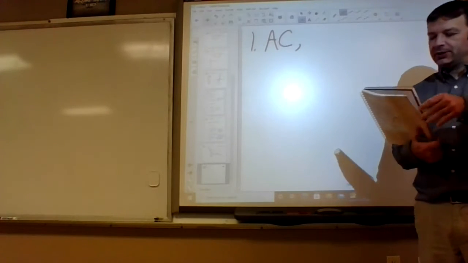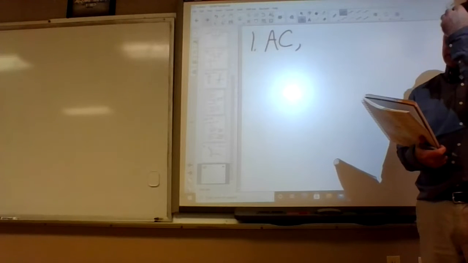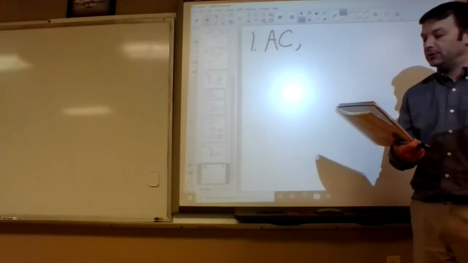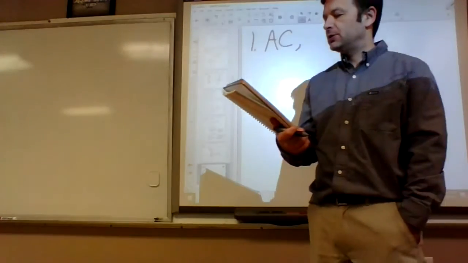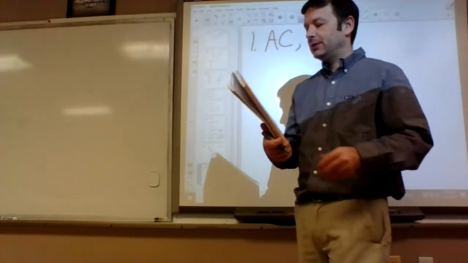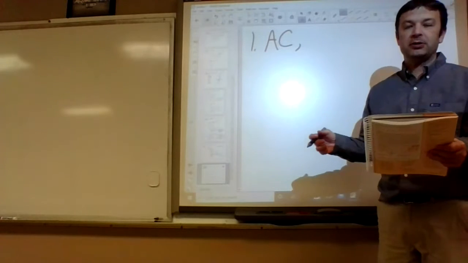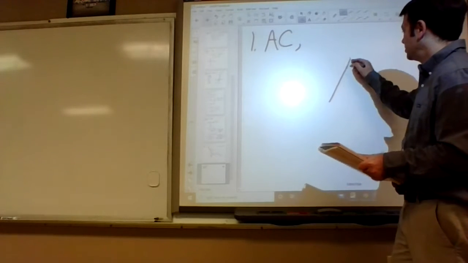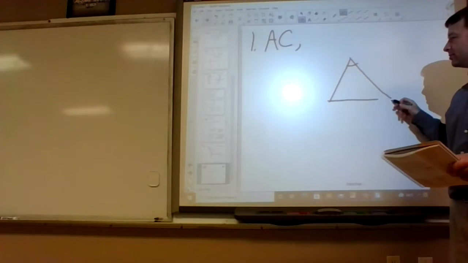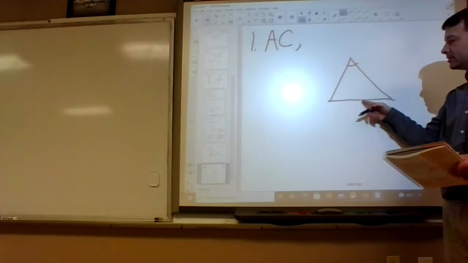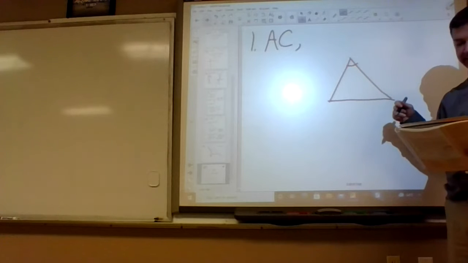All right, anyways. So what's the medium angle? C. No, C is the medium angle, that's up here. It opens up to the medium side, so that would be down here. So what's the medium side?